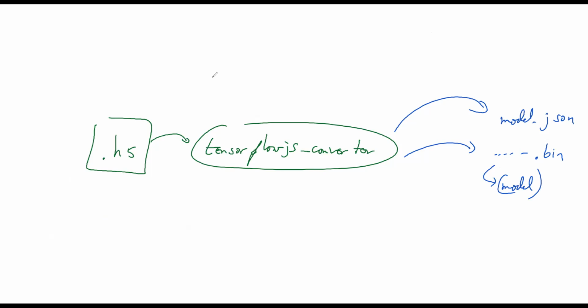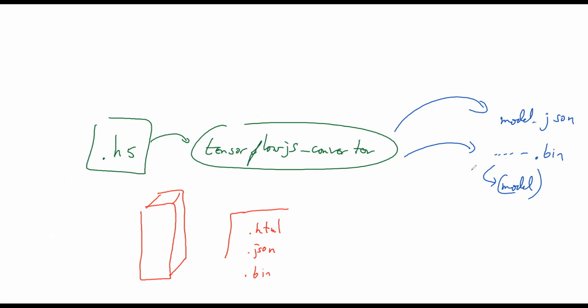So then what do you have to do? All you have to do is, on your server where you have your web application, have a folder. In that folder you're going to have your HTML file, plus your JSON file, plus the bin file.